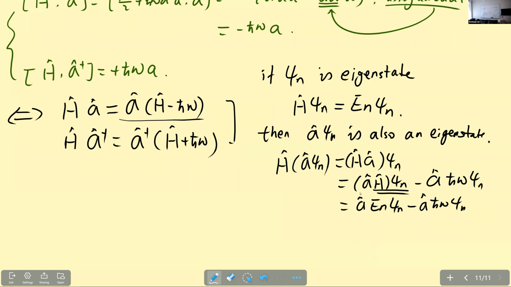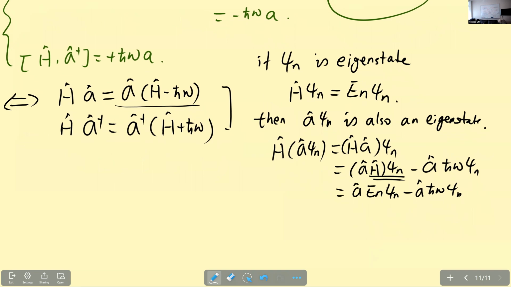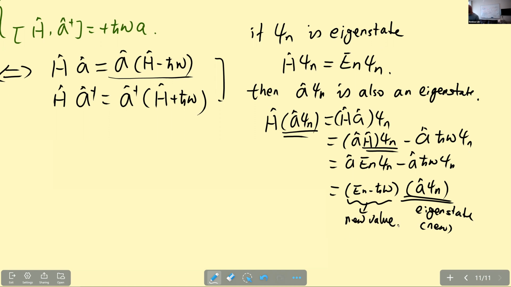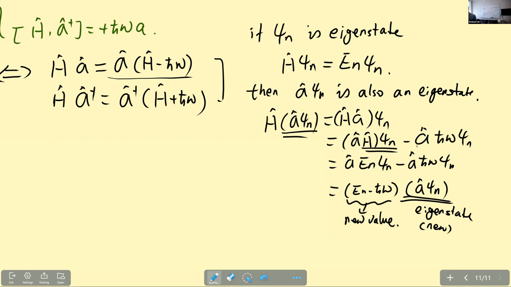It's nothing but just (E_m minus h bar omega) times A psi_m. So that means this one is the same as this one. So this is just the eigenvalue. So this is the eigenstate. This is a new eigenstate, okay? And this is a new eigenvalue. Okay?